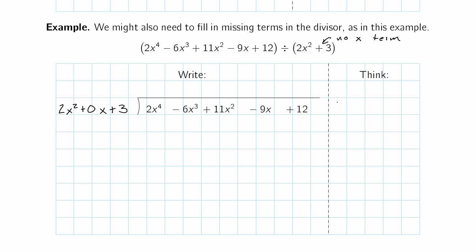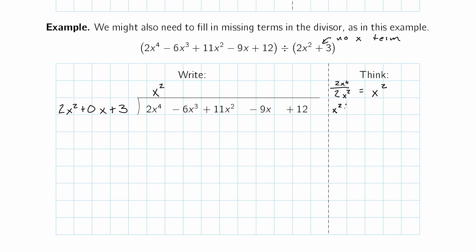So, divide first. 2x to the 4th divided by 2x squared is just a 1x squared. The first term in our quotient is x squared.